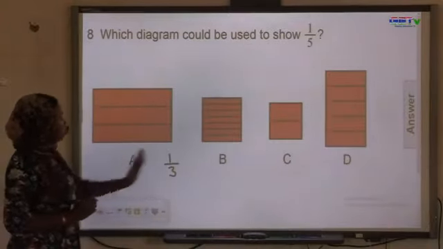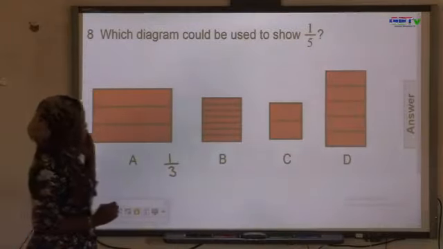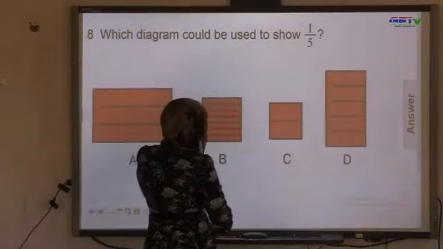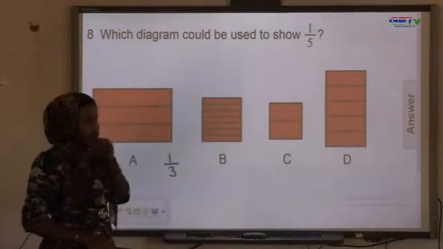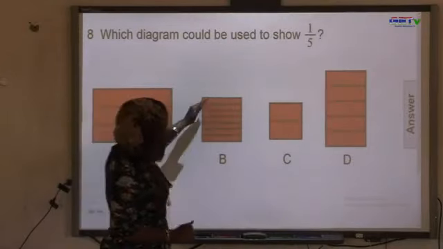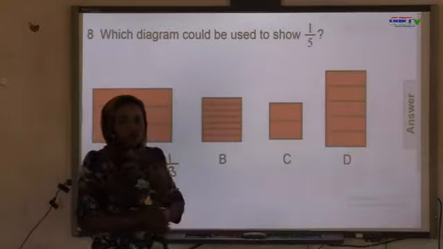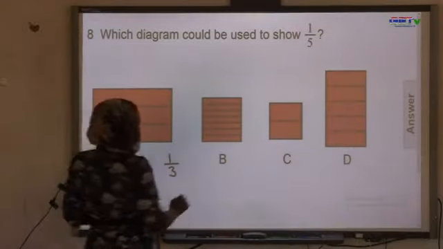Now we move on to option B. For option B, let's look at the diagram. How many parts is the diagram divided into? How many equal parts? Let's count.